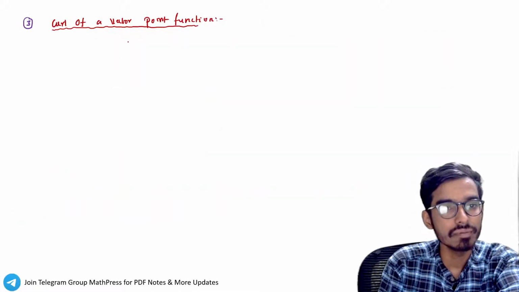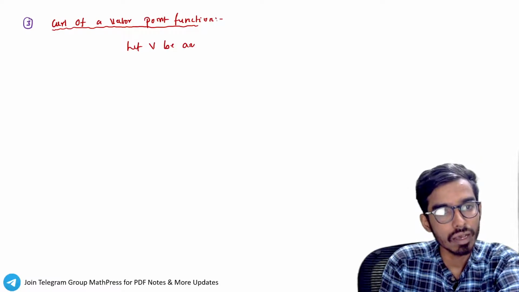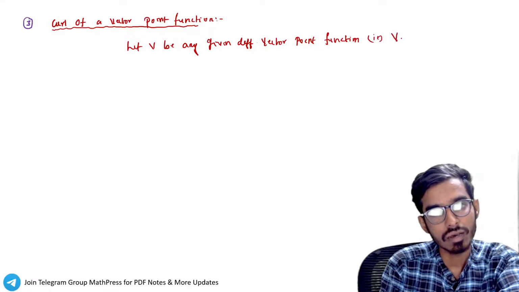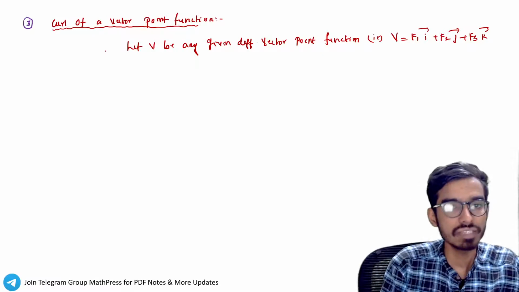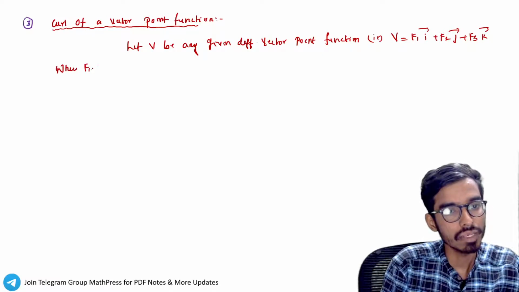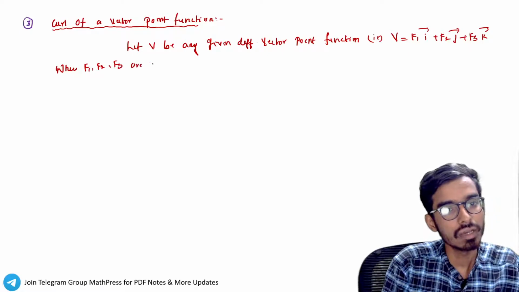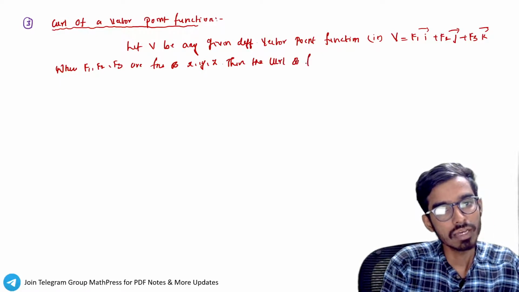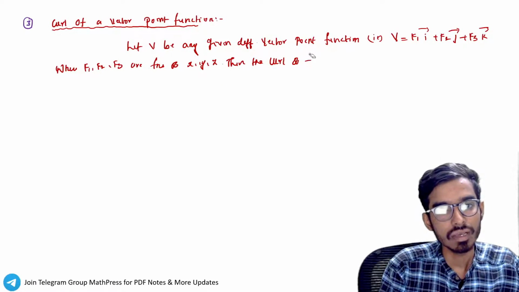So I'm going to write the same thing. Let b be any given differentiable vector point function, that is b is equal to f1 i vector plus f2 j vector plus f3 k vector, where f1, f2, f3 are functions of x, y, z respectively.